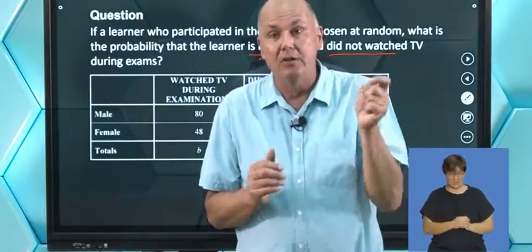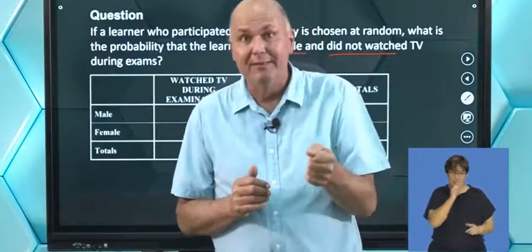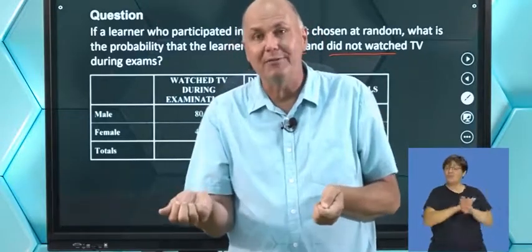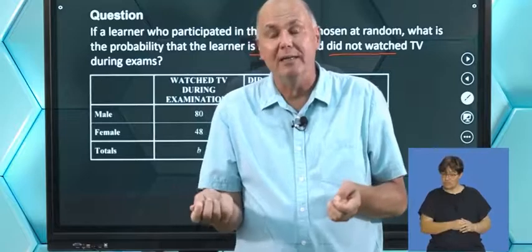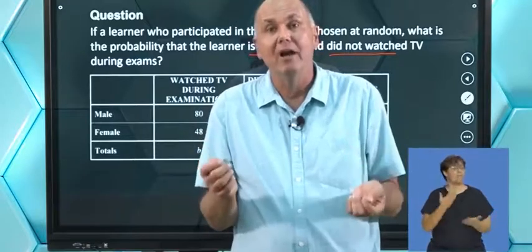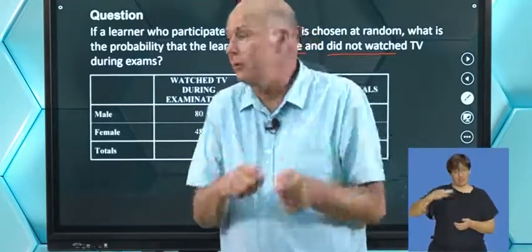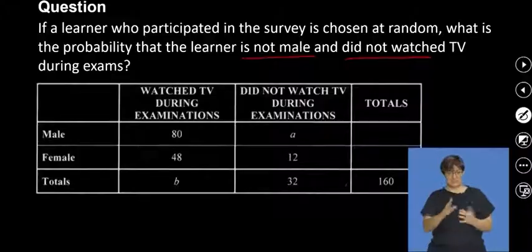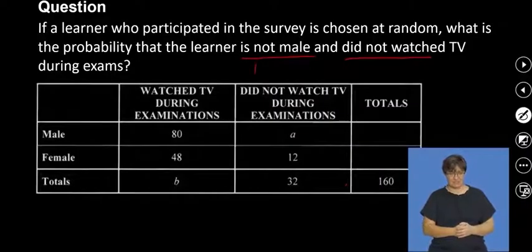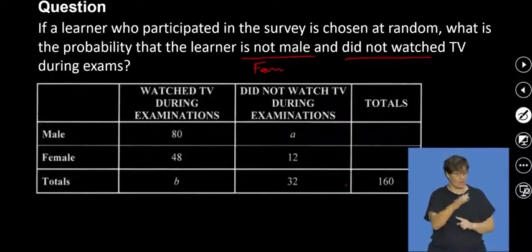If it's not male, then it's female. And if it's not watch TV, then what we're asking is what's the probability of those females that did watch TV? So not male means female, and not watch TV, the opposite of that, is watch TV.